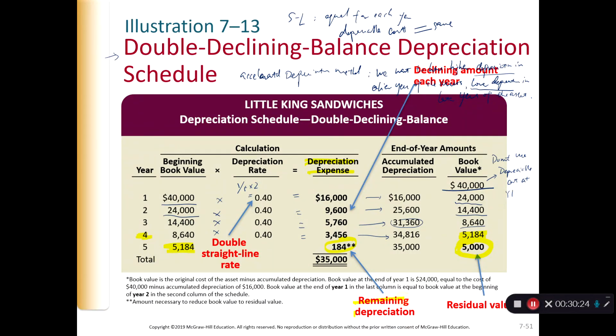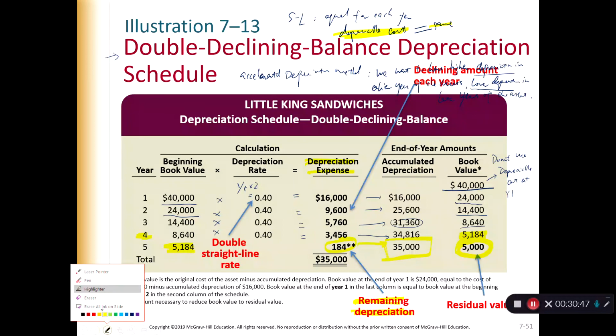You only depreciate the remaining difference between the book value and the salvage value, right? And at the end, after adding 184, your total depreciable amount still stays at 35,000. So see, the depreciable cost is the same for both methods.